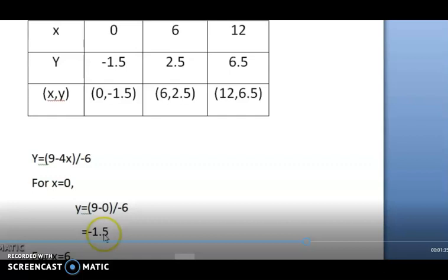So it's even easier compared to a non-terminating decimal to plot minus 1.5 on the graph sheet. So we'll consider this point (0, minus 1.5) on the graph as one of the points to be plotted, and we use our x minus b, y plus a to get the next points on this line.